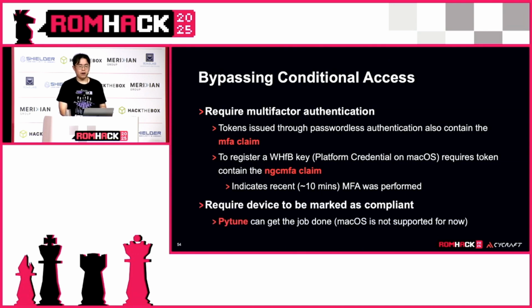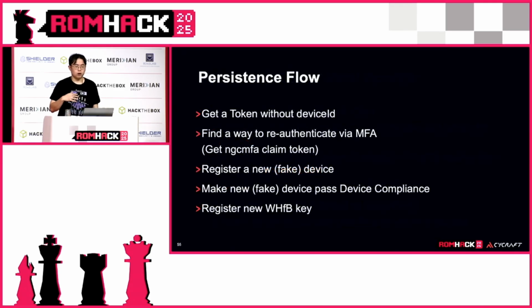Besides the MFA, we also want to bypass conditional policies like requiring the device to be marked as compliant. In this part, you can use a tool called Pine to help you achieve that. So here is our whole persistence flow. We have 5 steps.